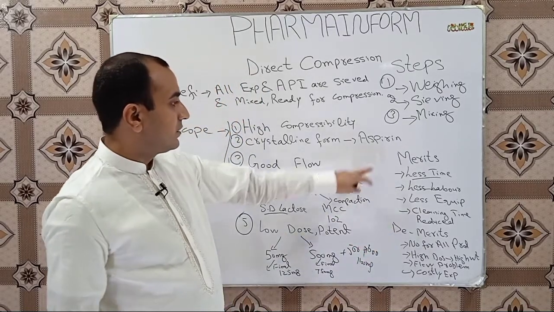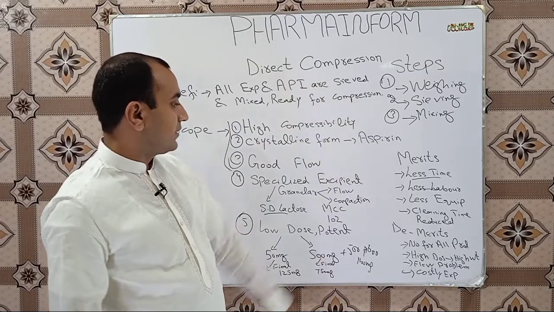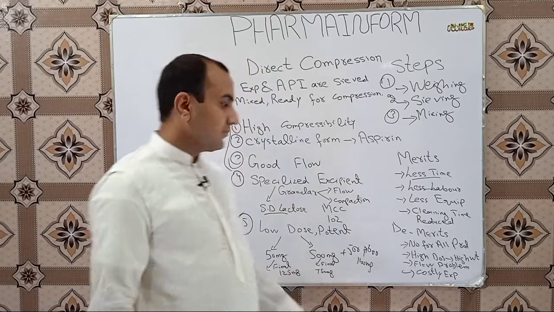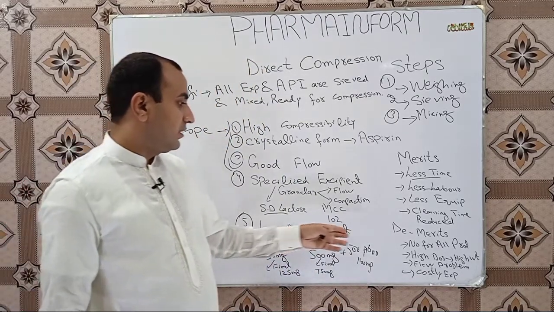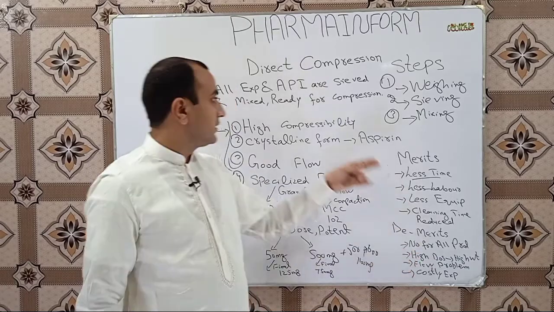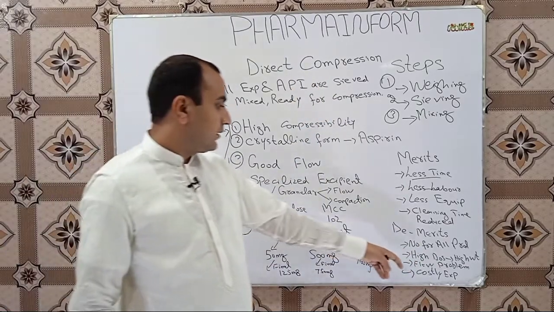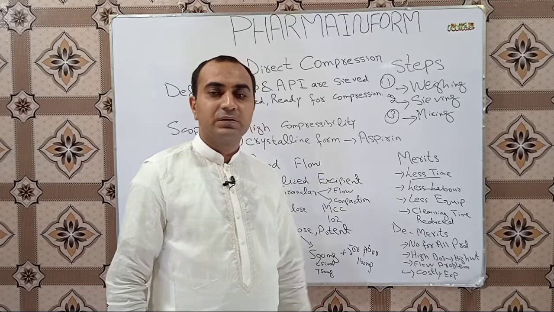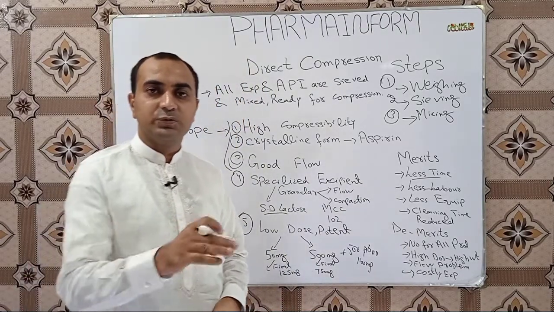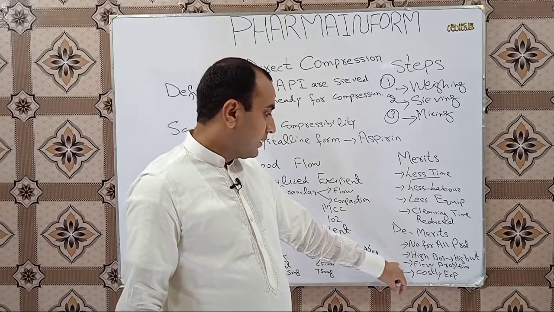The demerits of direct compression are: it is not suitable for all products. As we discussed, it is suitable for those products or APIs which have the following properties. In the case of a high dose or high strength product, we are not able to compress those products at lower weight.